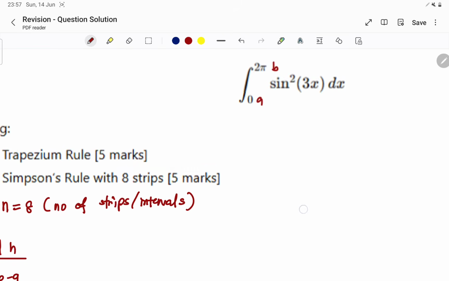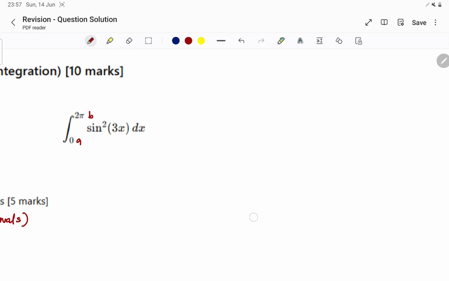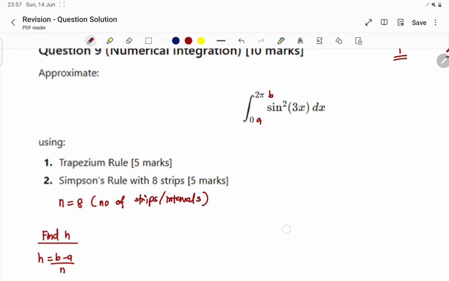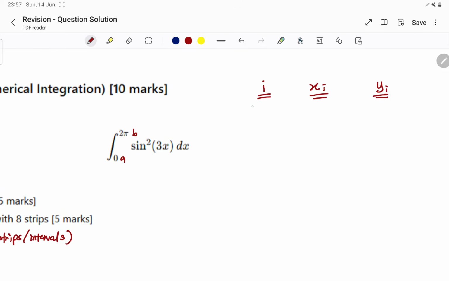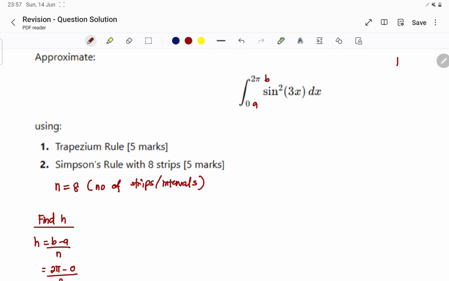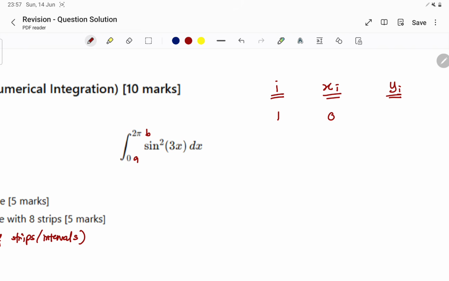So from here, for both the trapezium rule and Simpson's rule, you have to draw a table with 3 columns: the first one is i, the second one is xi, and the next one is yi, which you get by substituting into the function. For i, you should start with 1. For xi, you should start with the value of a, which is 0.